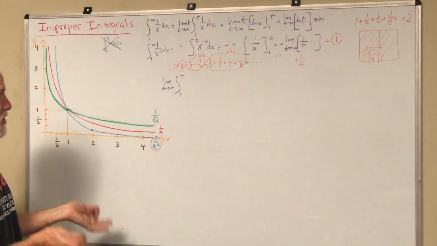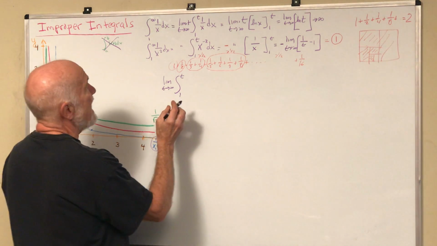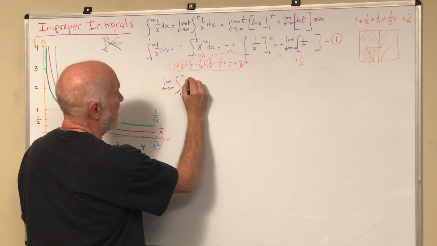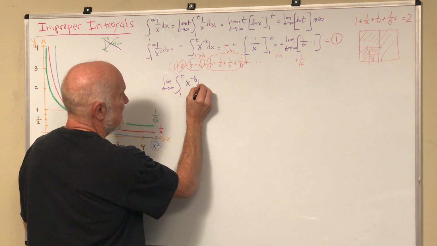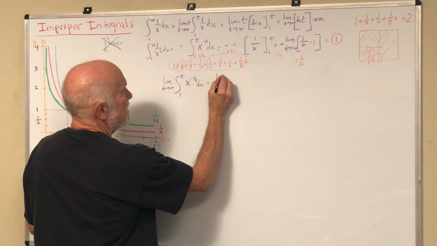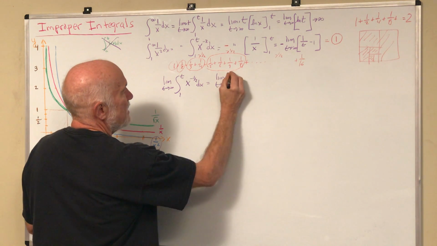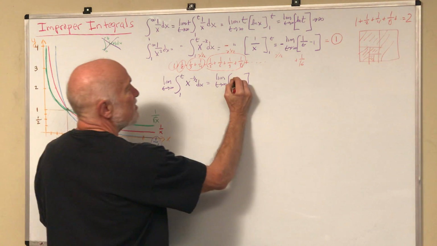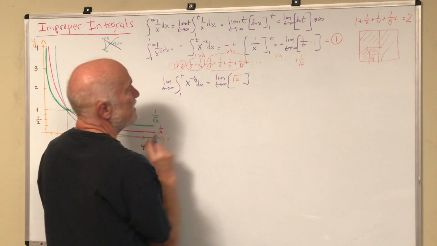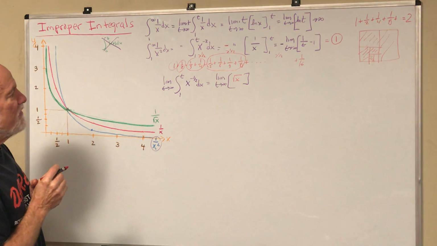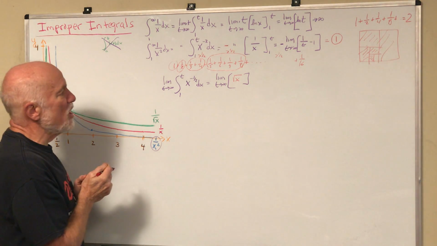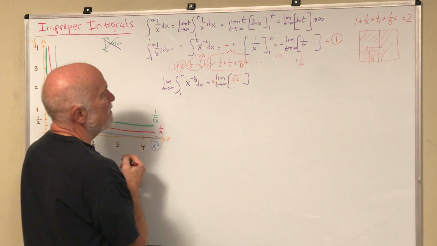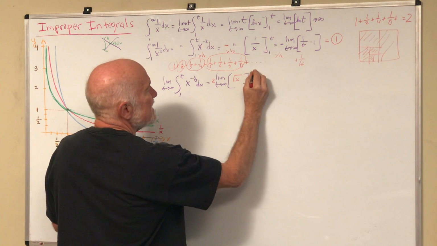In other words, I know I'm going to do that, and now we have 1 over the square root of x, which is x to the negative 1/2. The antiderivative of x to the negative 1/2 is x to the 1/2, and then you're dividing by 1/2 or multiplying by 2, which you could bring right out front, from 1 to t.